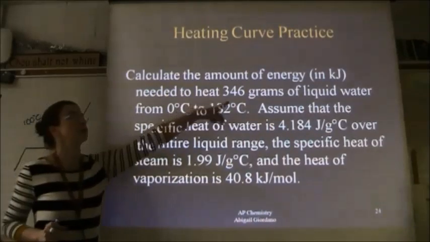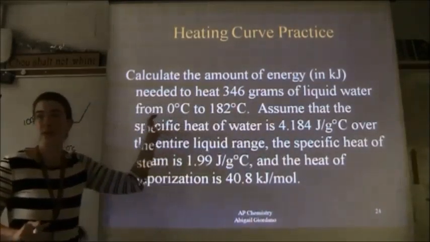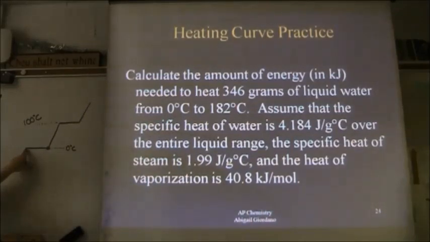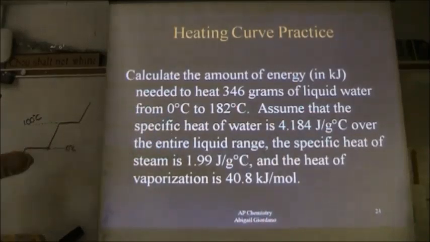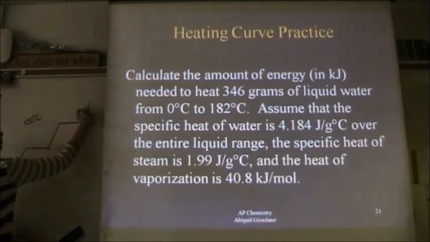If it said we were starting with ice at 0, then my dot would be in that corner. Okay, but that's where I'm starting. We're going to heat up to 182. Well, that's somewhere above 100. I'm just going to put an X up there. 182 degrees.